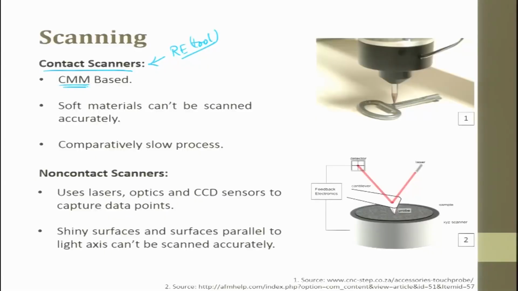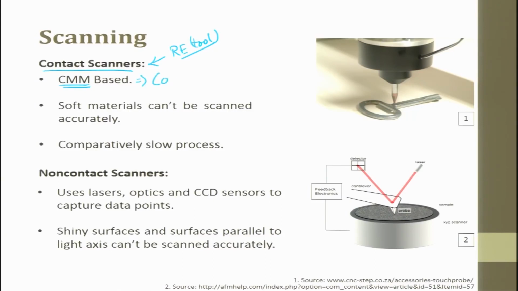So, when you touch it, you can make a beep sound and start recording the XYZ data. And if you do not want to use a CNC machine, you want to use an original machine where you do not want to touch and give all those electrodes, then what we do is we try to convert the CNC machine into a coordinate measuring machine.